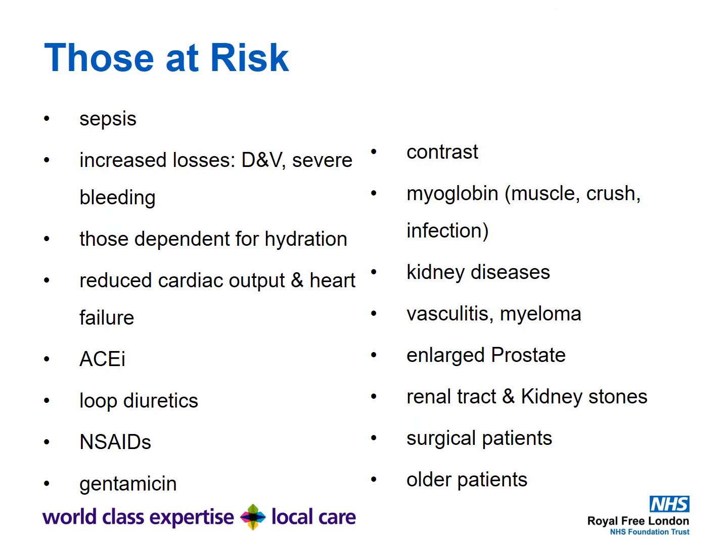So patients particularly at risk of acute kidney injury are those who are above the age of 75, have pre-existing chronic kidney disease such as an eGFR of less than 60 mL per minute per 1.73 square meter body surface area, previous episode of AKI, debility, dementia, heart failure, liver disease, diabetes mellitus, hypotension, where there's a mean arterial pressure of less than 65 millimeters of mercury or a systolic pressure of less than 90.